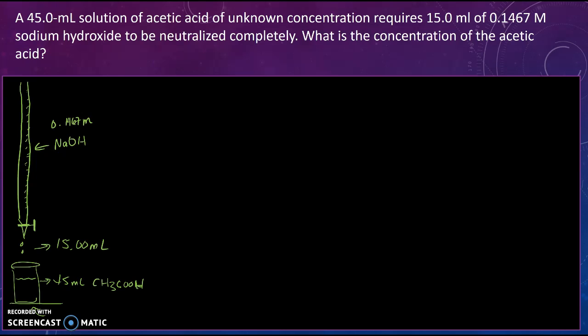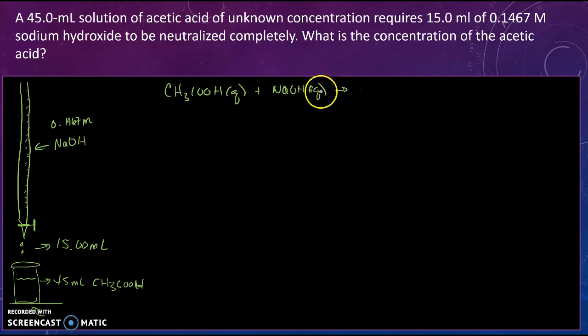So the first thing we have to do when we do a titration problem is look at the stoichiometry. And this one's going to be fairly straightforward. We're going to have the acetic acid, and that's going to react with the sodium hydroxide in a nice 1-to-1 ratio.